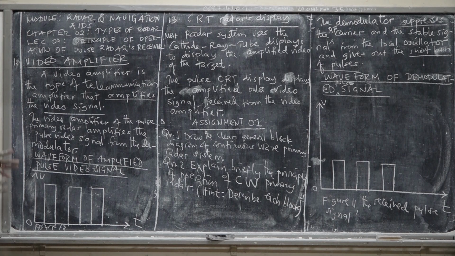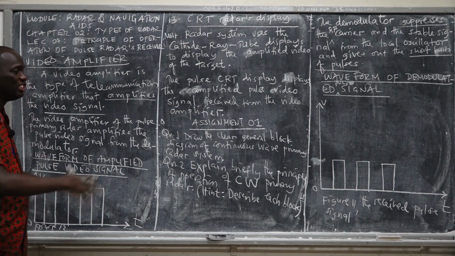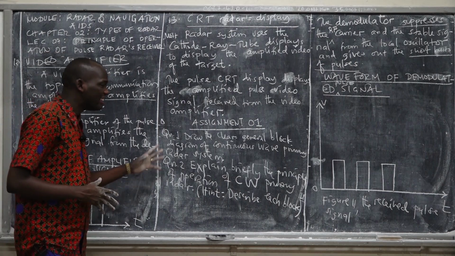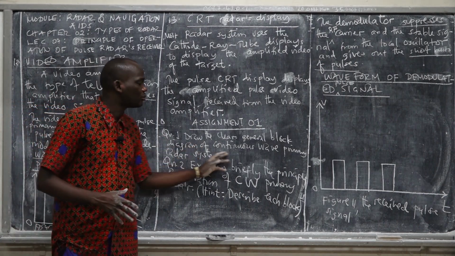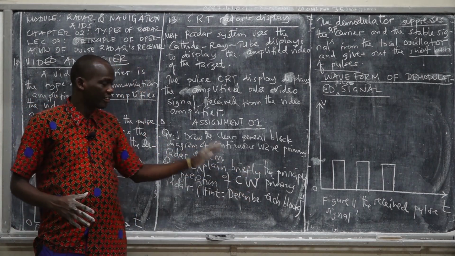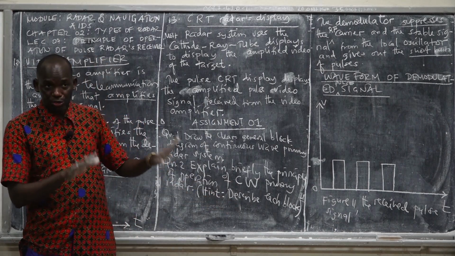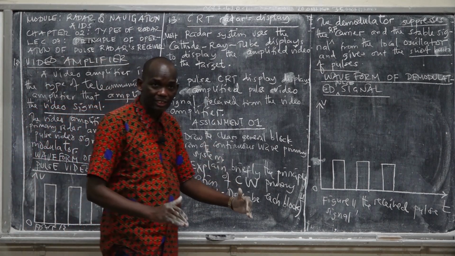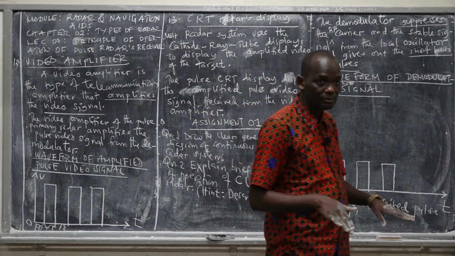You have to make sure that you study and read different sources. I know there are different block diagrams of the continuous wave primary radar system from different sources. Some of them are correct, some of them are not correct.